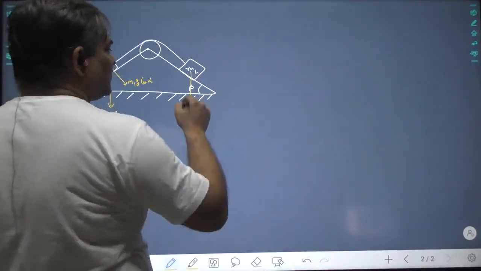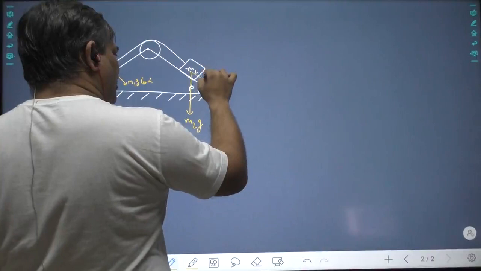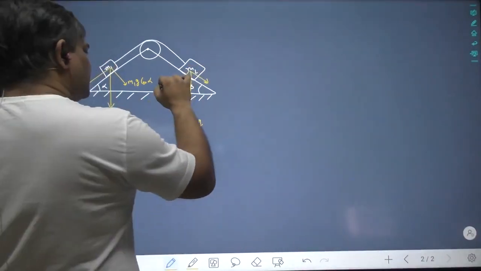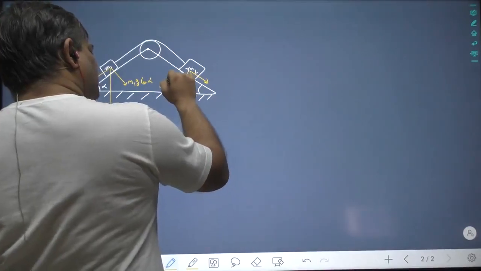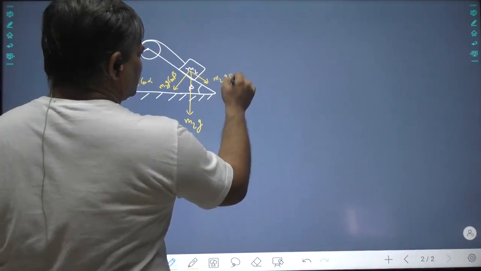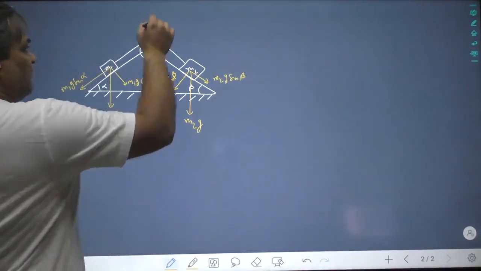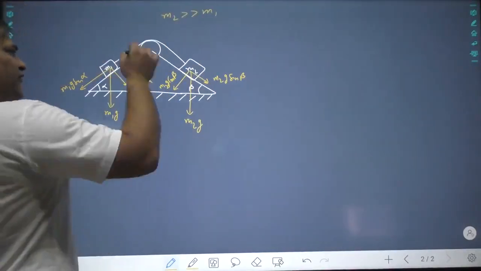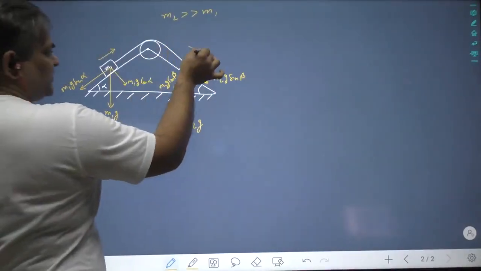No problem with that. So here one along the motion, one perpendicular to the motion. This is beta, so this comes out to be M2G cos beta, M2G sin beta. Now it was given that M2 is much greater than M1, so definitely this will move up, this will move down.